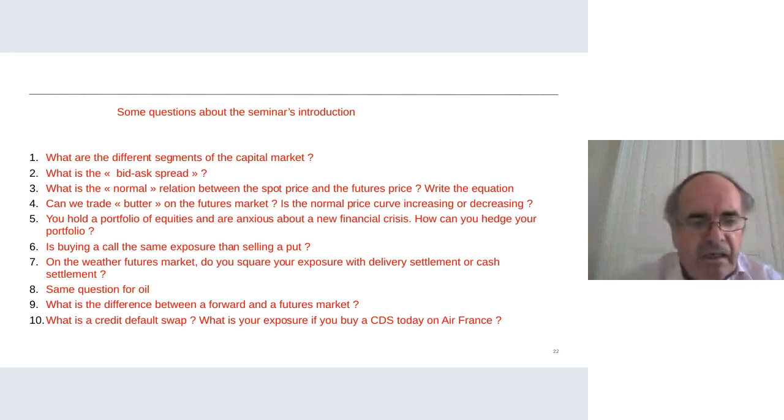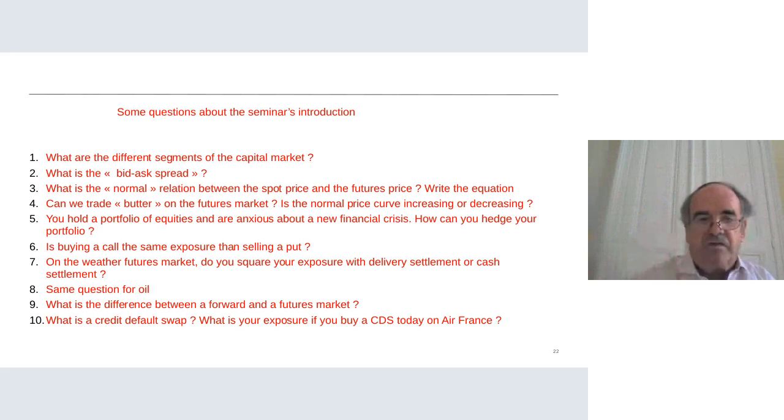Here, when Tui says long put, it's I buy a put. You have a portfolio of equities. You buy a put, that means I buy the right to sell my portfolio at a given price. If the market crashes, the value of your portfolio decreases, but you have the right to sell it at a given price. So you don't support the decrease of the value of your portfolio.